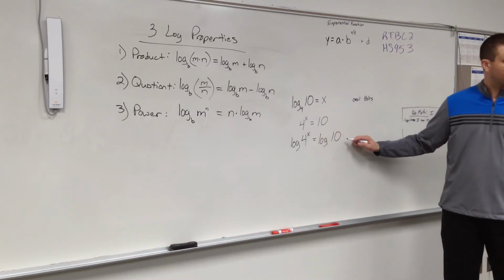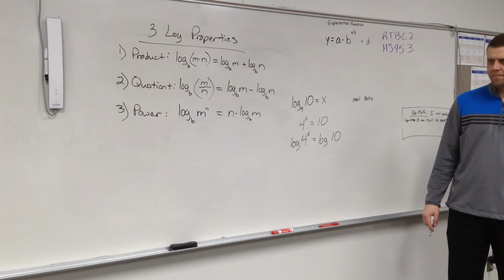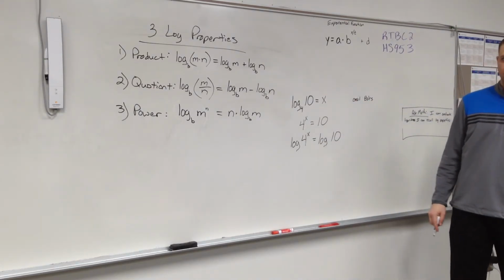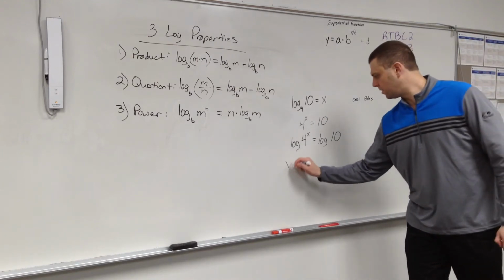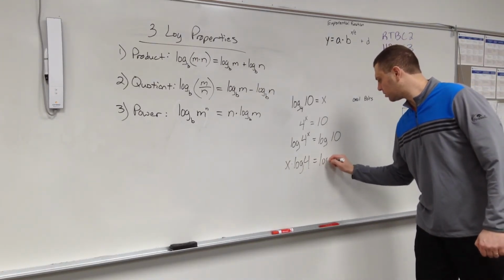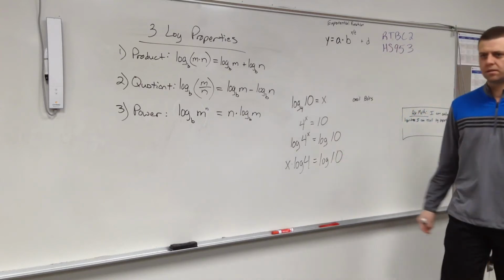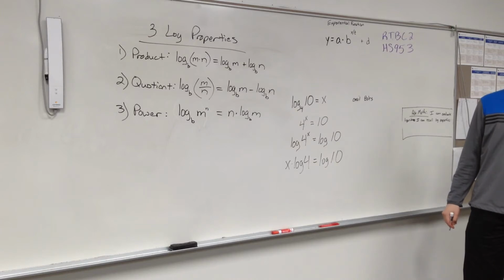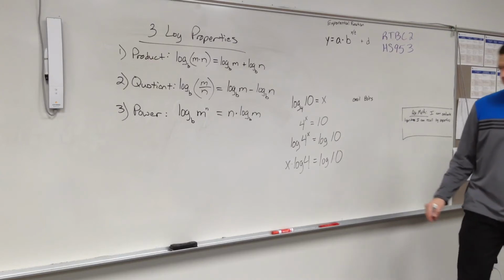Now I'm going to use that power rule. Where can I move this x? Out to the front, right? So x times the log of 4 equals the log of 10. And now if I said solve this equation for x, or get x by itself, what would you have to do to both sides? Divide by log of 4.